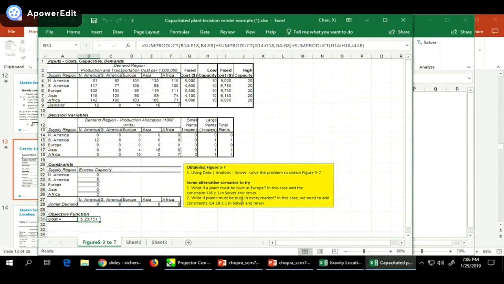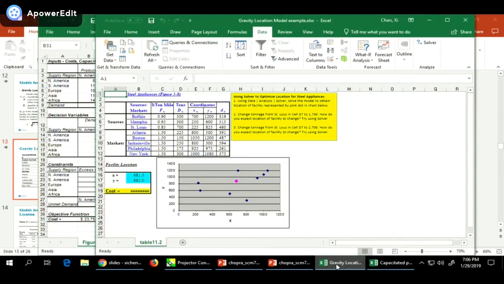Keep solver solution. And you can see it has chosen a facility location that's sort of located in the midst of all these locations. And this location supposedly minimizes the total transportation cost to all of these facilities.